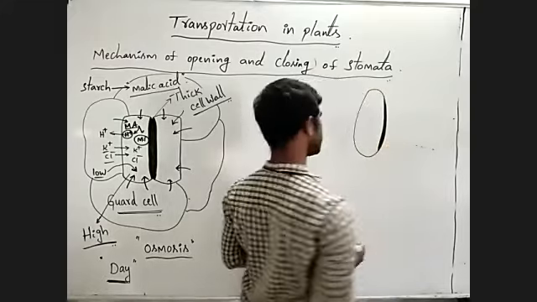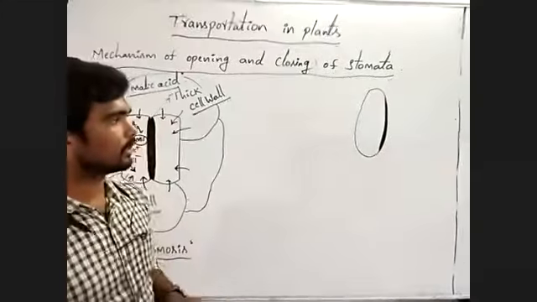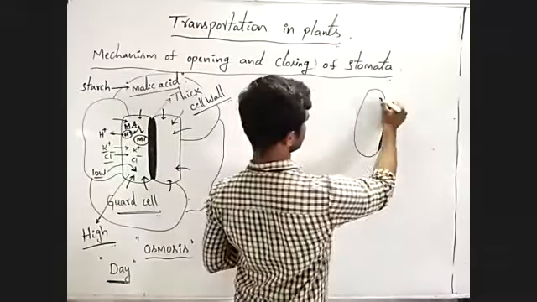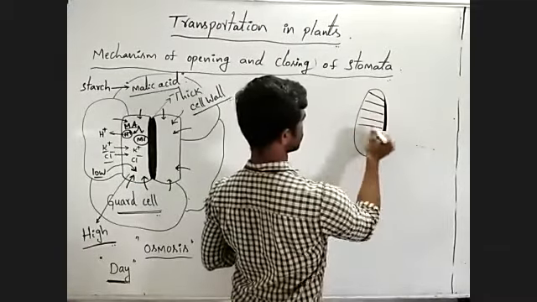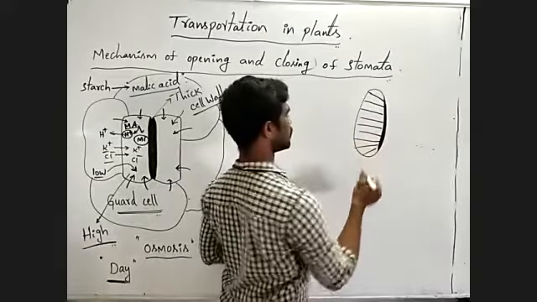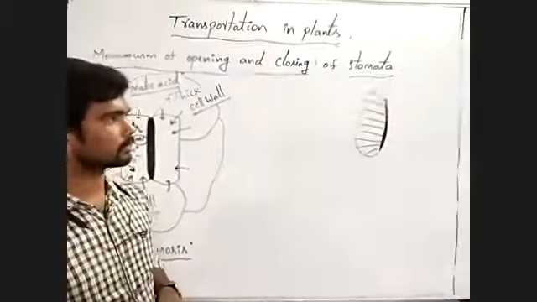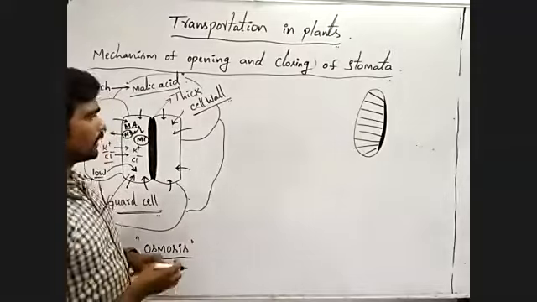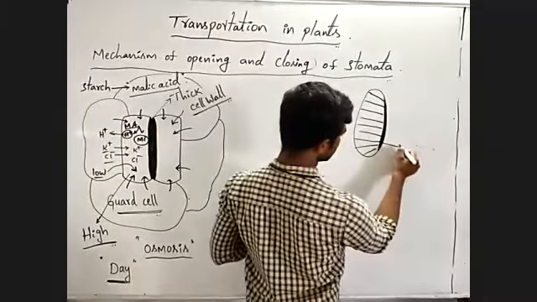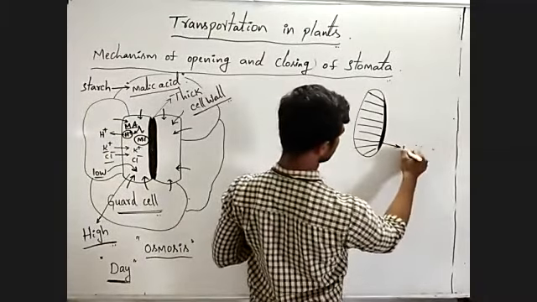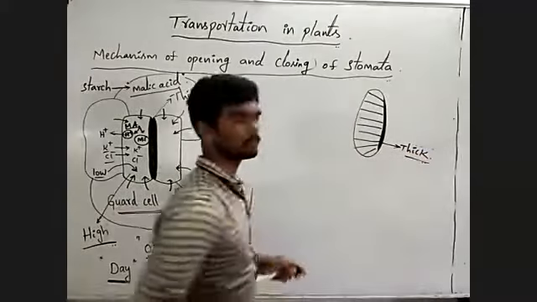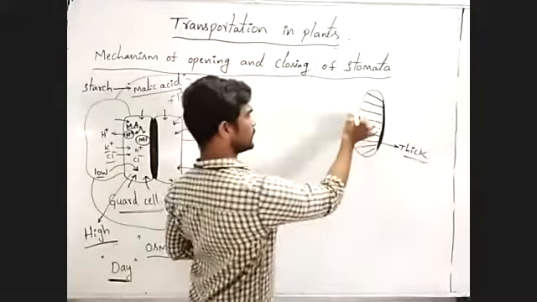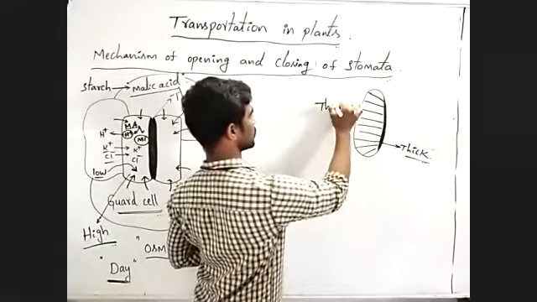Protein structures, radially arranged ones are present, like this. And the inner side cell wall is thick, already I told you. The outer side is thin.